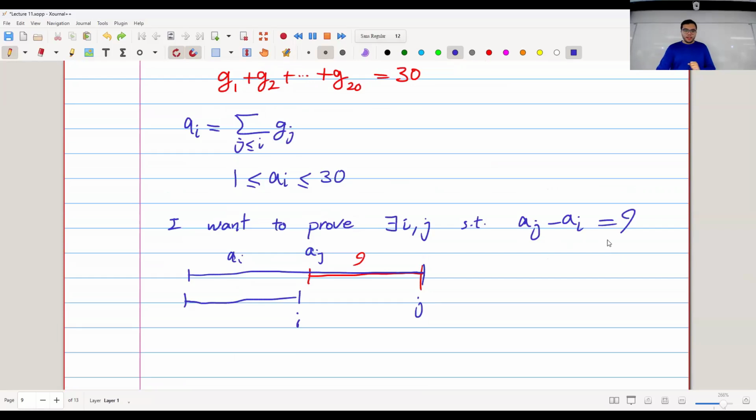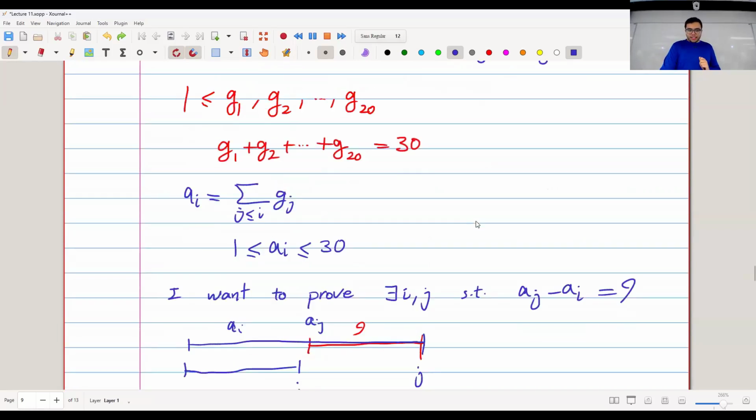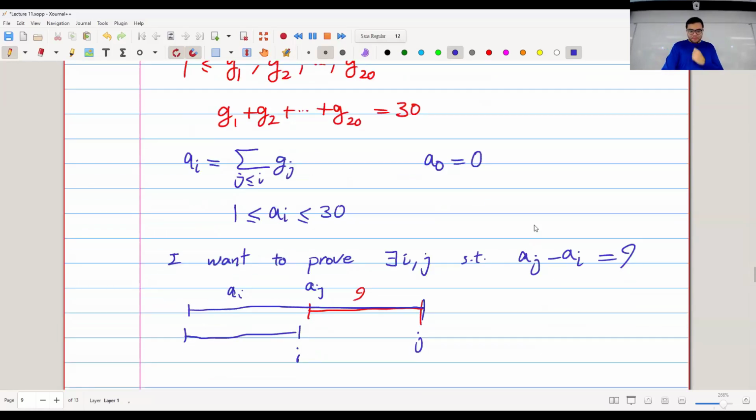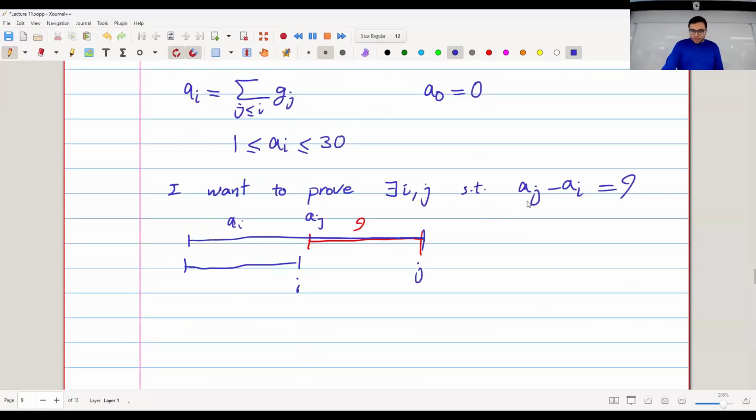Okay. And also, in this case, I can even include A0, right? Because I can say my A0 is just 0. So if I look at the first 0 games, I have scored 0. Great.